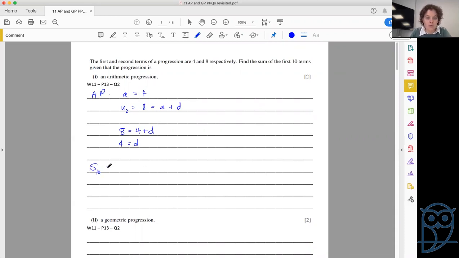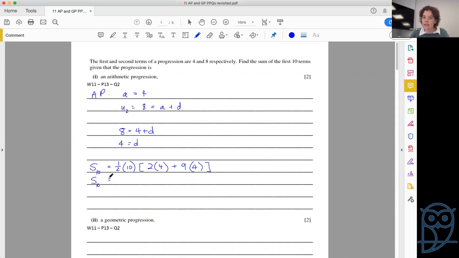Sum of 10 equals. Now the formulas are in your MF9 formula sheet, but it is not a good idea to rely on those because you need to have it in your brain. You need to be comfortable with it and what is required in the formula. So sum of 10 is half N, so half 10, 2A plus N minus 1 D. And we have a value for D. And then we can put all of that into our calculator.